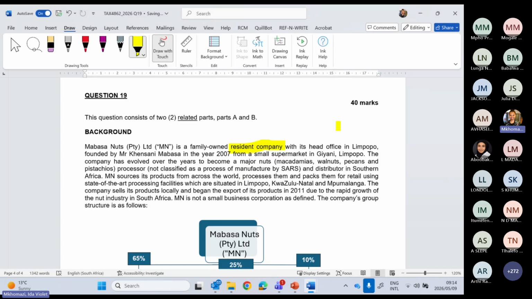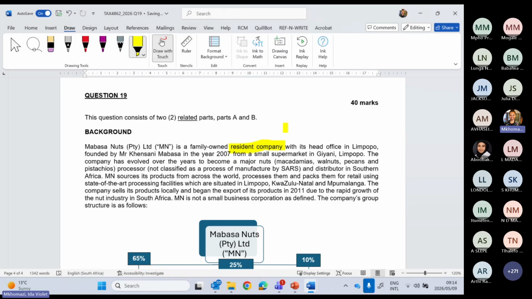The second item is to look out for the type of company. So far, we can see that Mabasa Nuts is a private company, and it's a South African company because they say it's resident. But we are not sure yet if it's a small business corporation or not. Maybe they will tell us later in the question. The company has its head office in Limpopo.